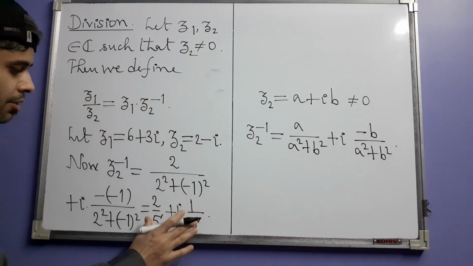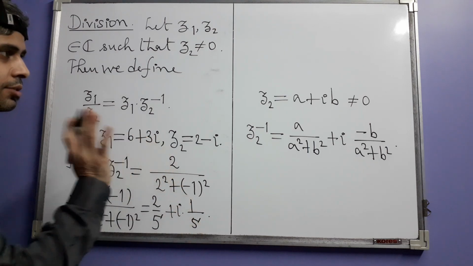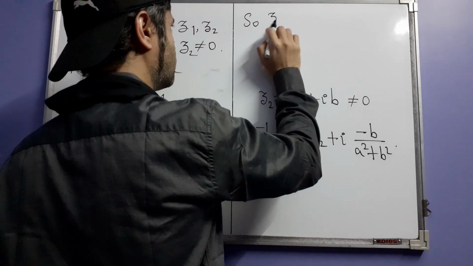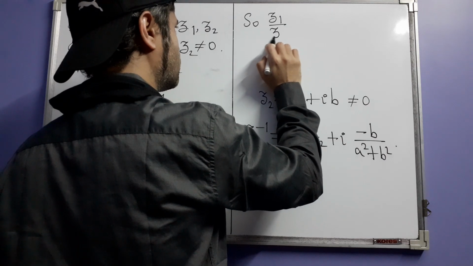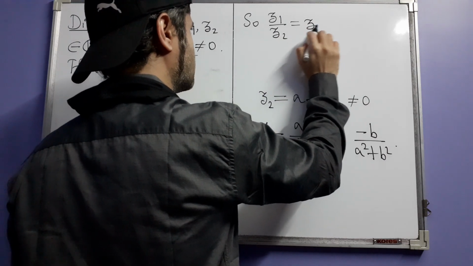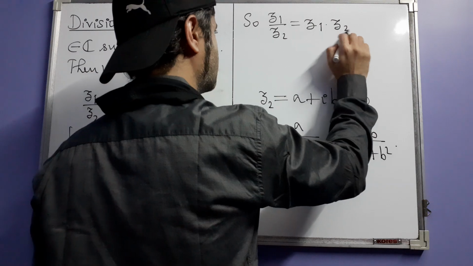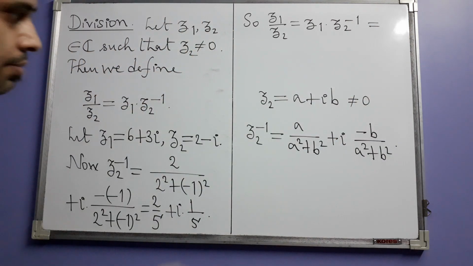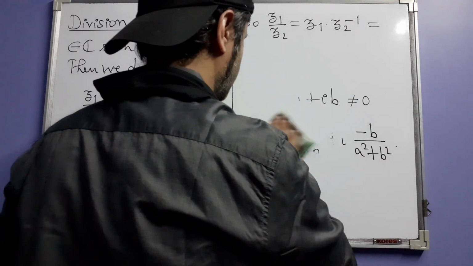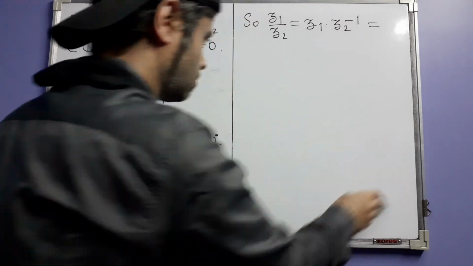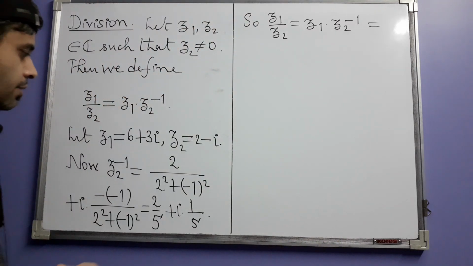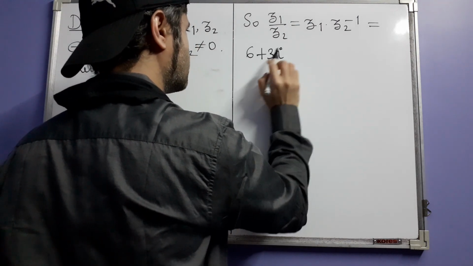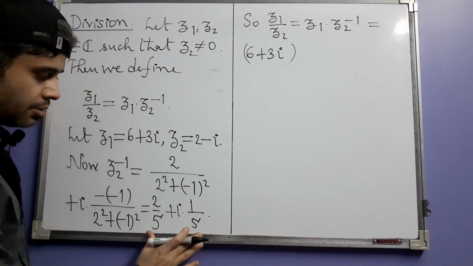Now you have to multiply this complex number and this complex number. So this is equal to Z1 times Z2 inverse, and that thing equals 6 plus 3i times this.